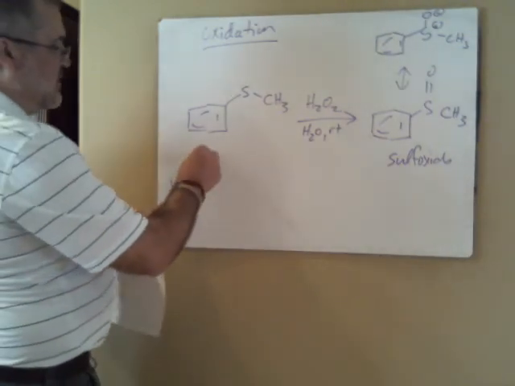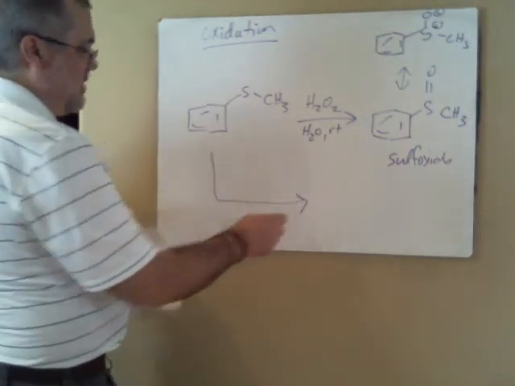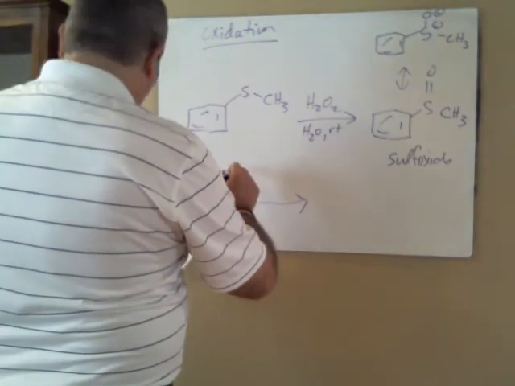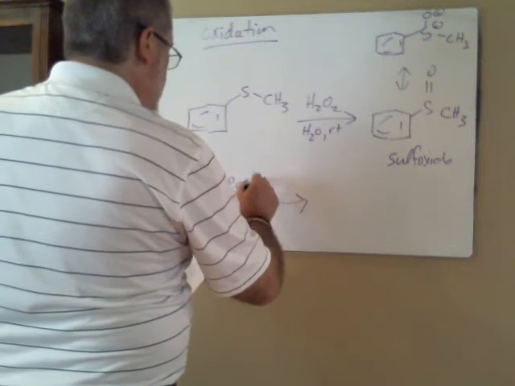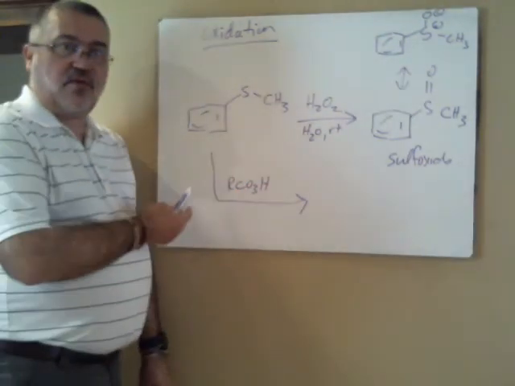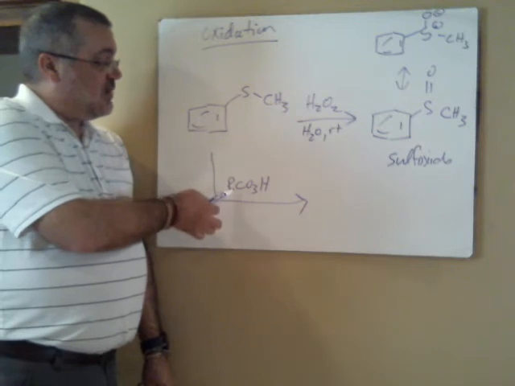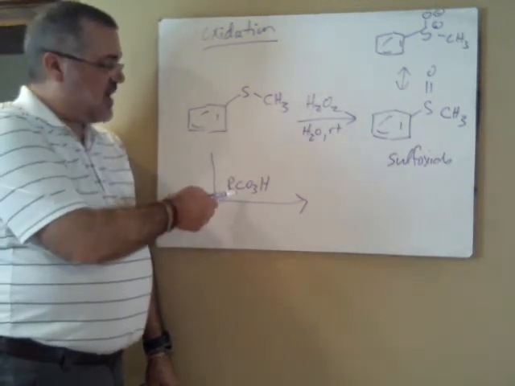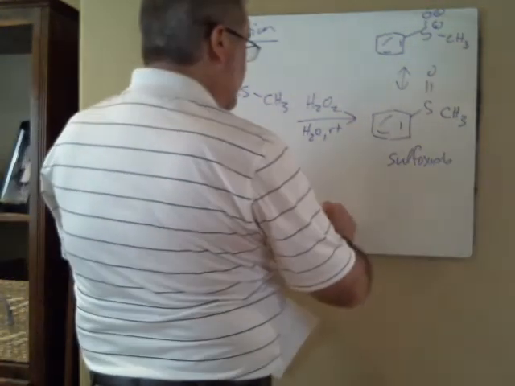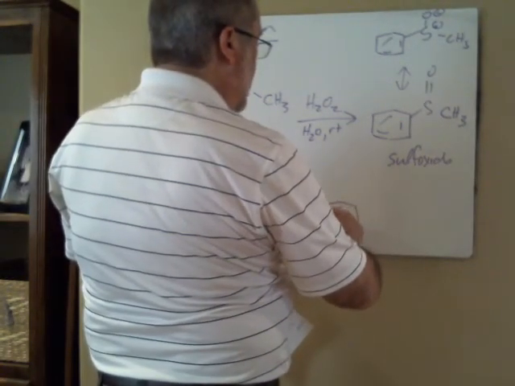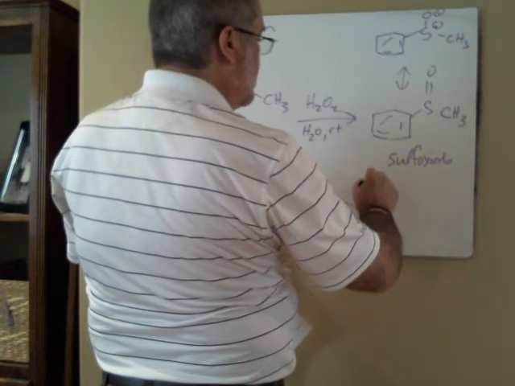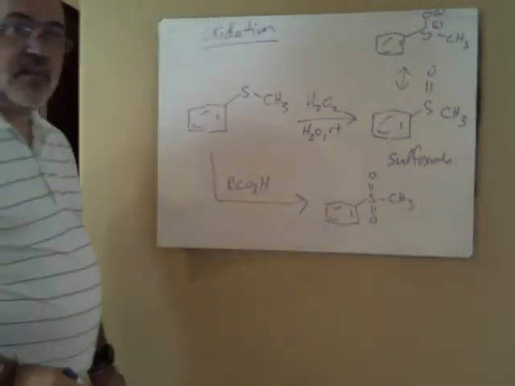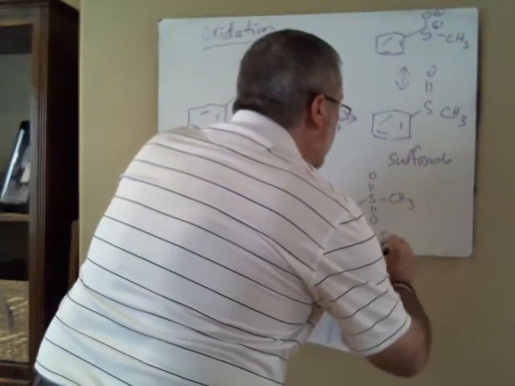So I can take the same sulfide, but I can treat it with a different oxidizer, peroxy acid. Remember, that's the reagent that formed epoxides, but it's also a stronger oxidizer than just hydrogen peroxide. That will oxidize the sulfur up to a higher oxidation state, which is called the sulfone.